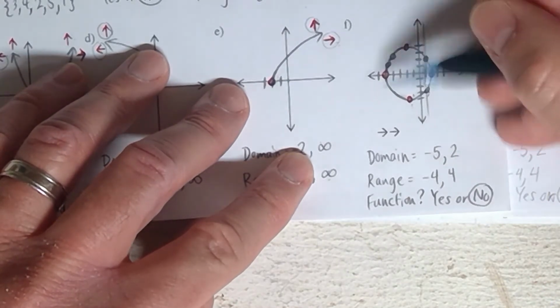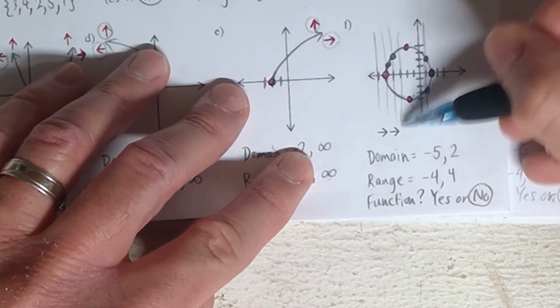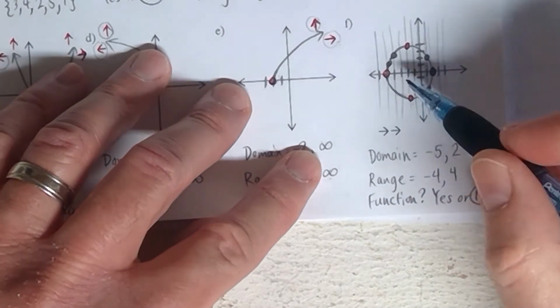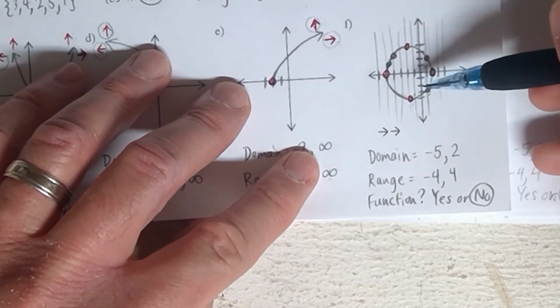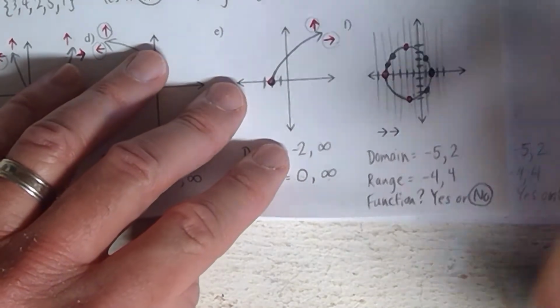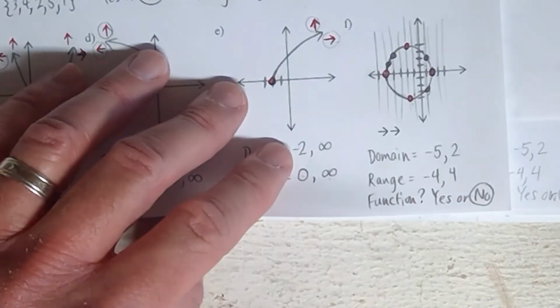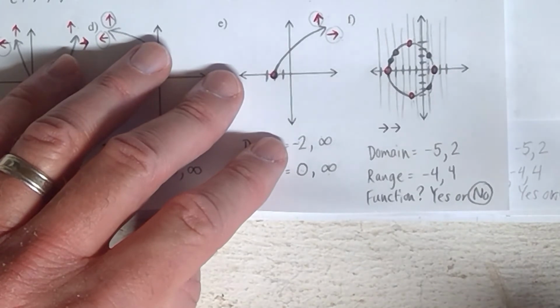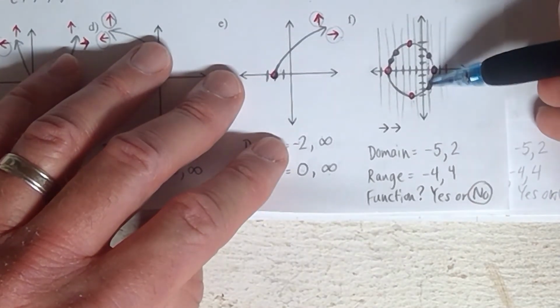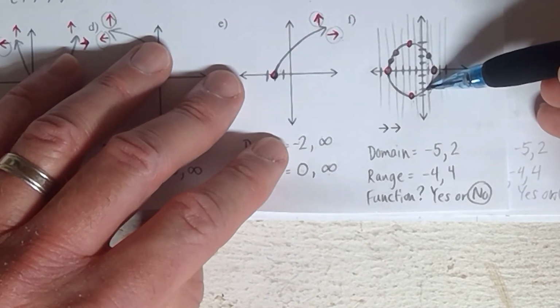So the vertical line test works like this. If you draw a bunch of vertical lines all the way through the graph, if any of the vertical lines ever hits the graph more than one time, it doesn't have to be all the vertical lines, if there's even one time where any vertical line hits the graph more than once, then it's not a function. Because when it does, that means that there are 2 different points, or maybe even more than 2.